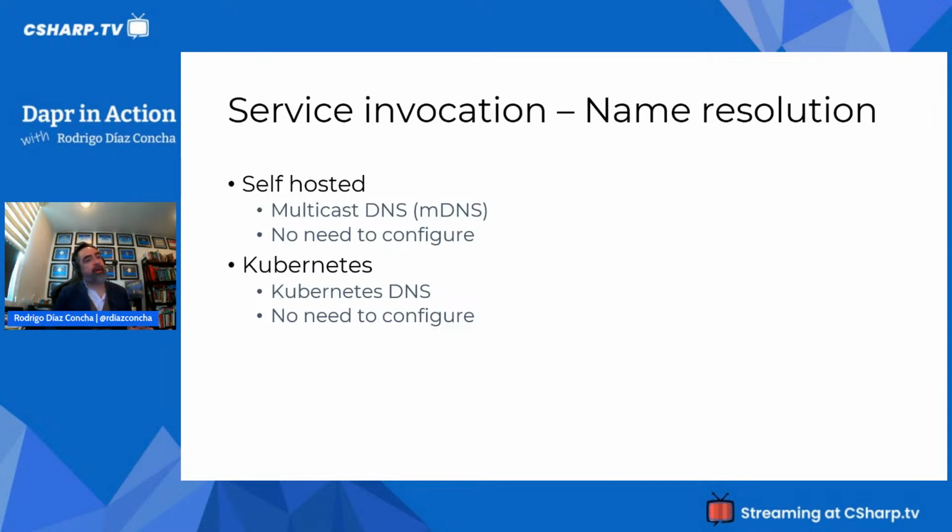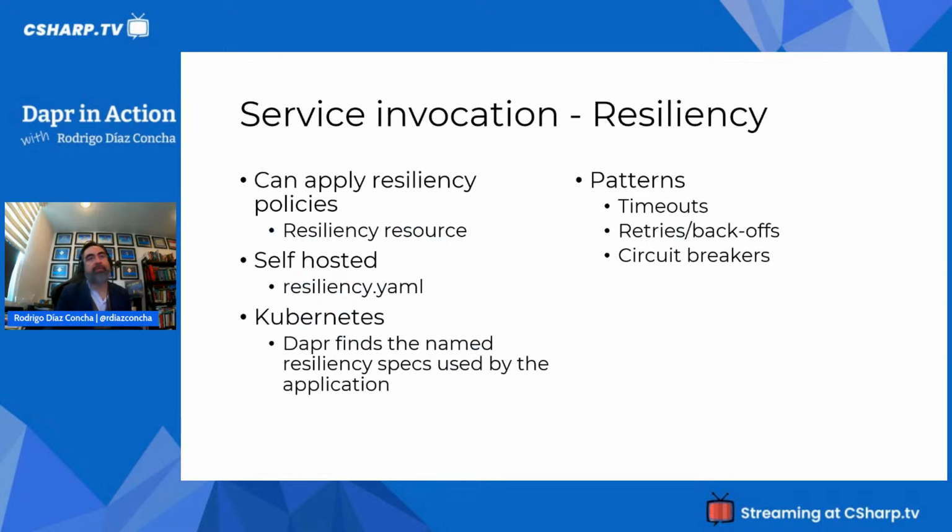And if you're running Dapr inside Kubernetes, then it's going to use Kubernetes DNS by default. And also, you don't need to configure anything else. It just works out of the box, which is fantastic, right? So those two are the default implementations of the DNS service that is going to give you the correct IP addresses and ports of those target services.